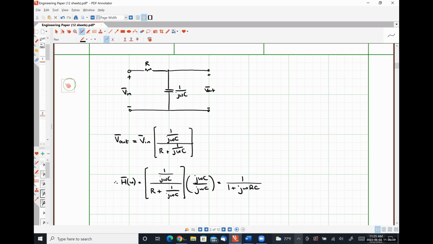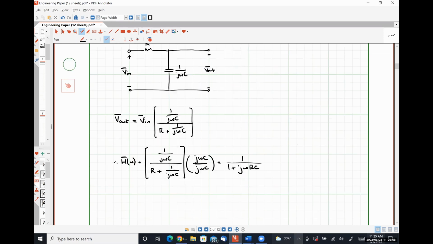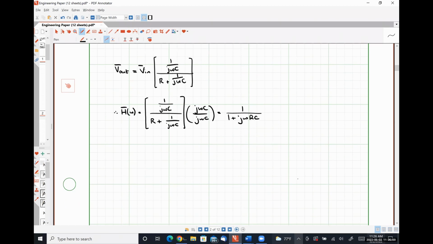It is a complex number whose magnitude depends on omega and whose phase angle depends on omega. So I'm going to split this complex number up into those constituent parts. We're going to solve for the magnitude as a function of frequency and the phase angle as a function of frequency, so that we can get the frequency response or the magnitude response and the phase response of the system. Okay? Because both things are frequency dependent.